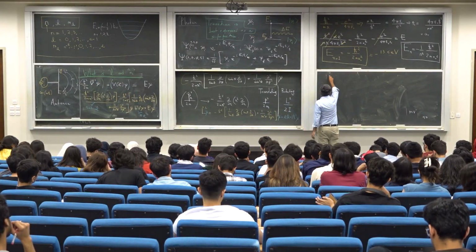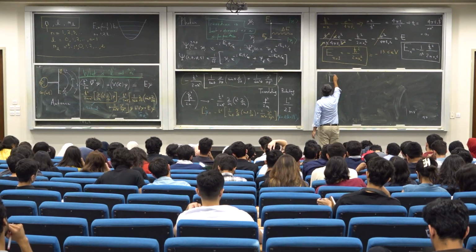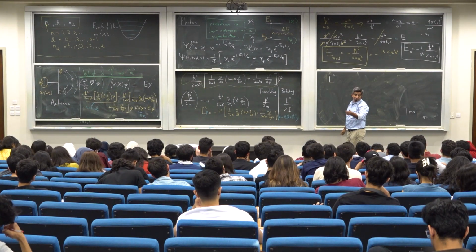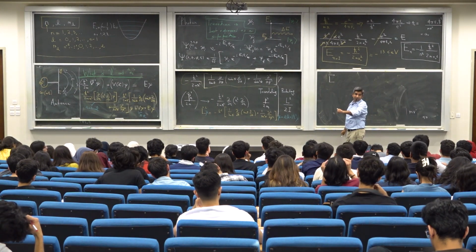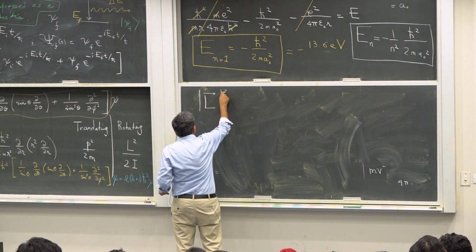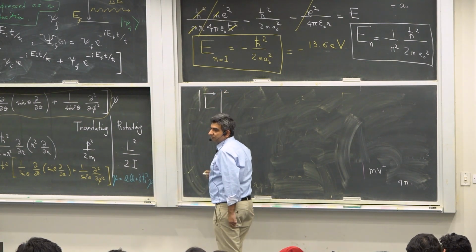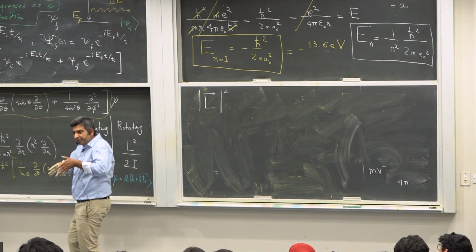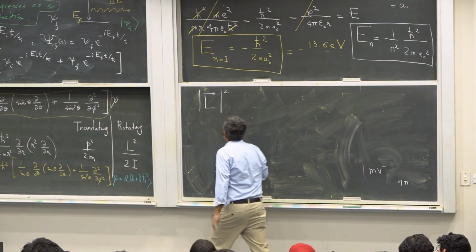So if I were to take the angular momentum of the electron, I had a spin angular momentum by the way for an electron, now we're talking about the orbital angular momentum of the electron. If I take the angular momentum of this electron and find the modulus square of it, see there's a square over here, so it's really the modulus square of the angular momentum of the electron.